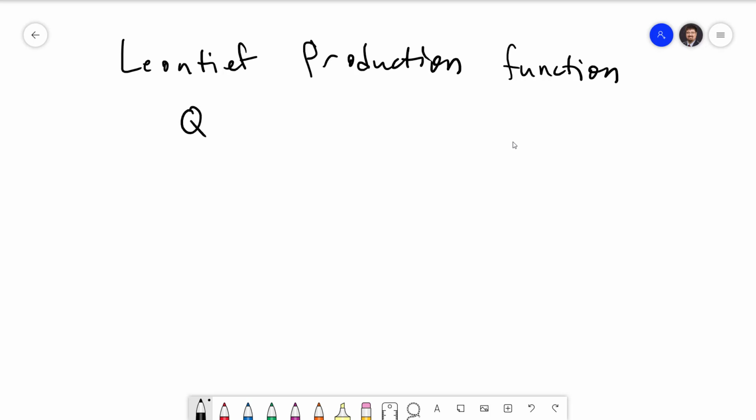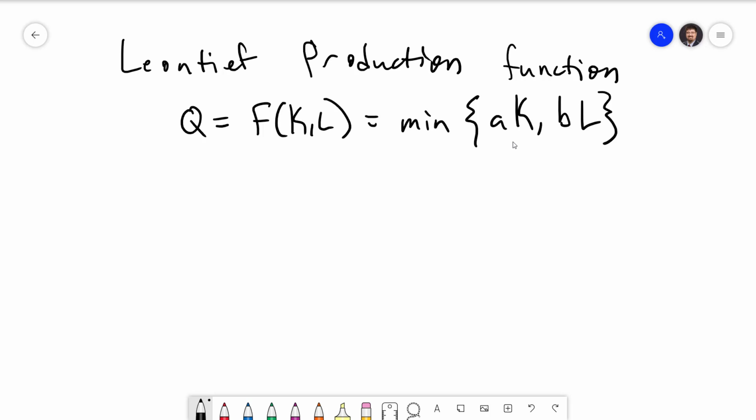Leontief production functions look like this. Q equals f of K and L, which is the minimum of AK and BL. Again, A and B are just constants. How this production function works is we plug in K, plug in L, and whichever is lower of AK and BL, that's the production.